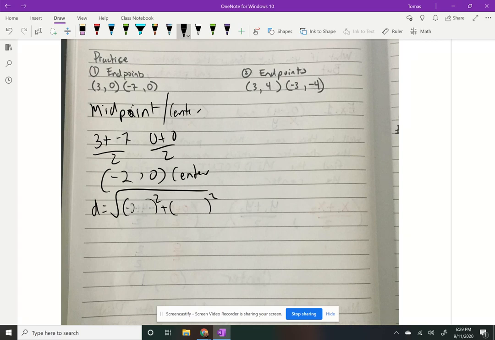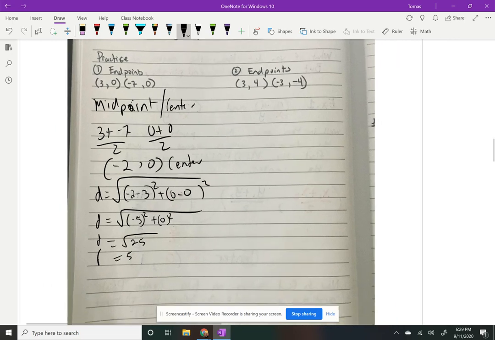So it'll be 2 minus 0, and then I pick one of these points, so it'll be 3 and 0. So this becomes -5 squared. This just becomes 0 squared. So that's 25, and the square root is 5. And this was our distance, but in actuality, we're finding the radius, right? Because that's from the center to the endpoint. From the center to the endpoint is the radius.